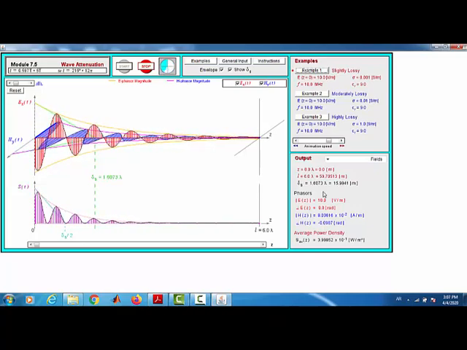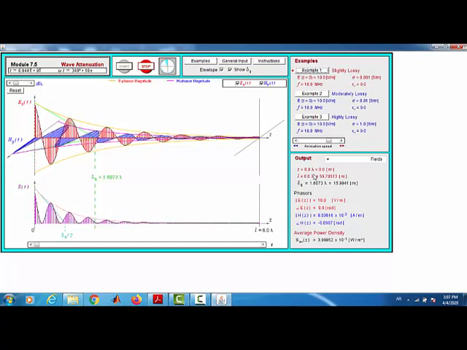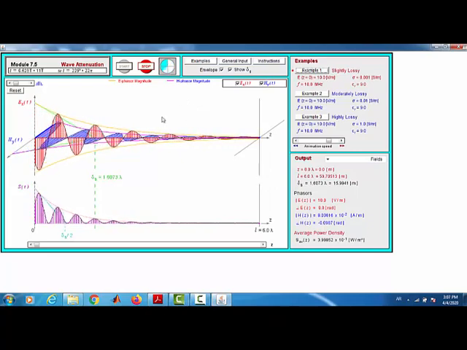So the electric field lost about 65% of its amplitude after 16 meters inside the material.